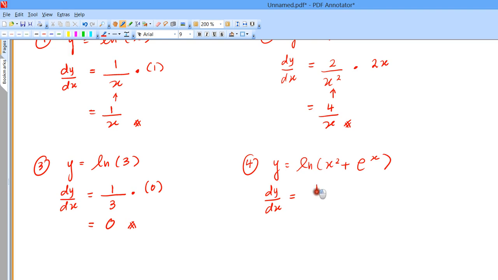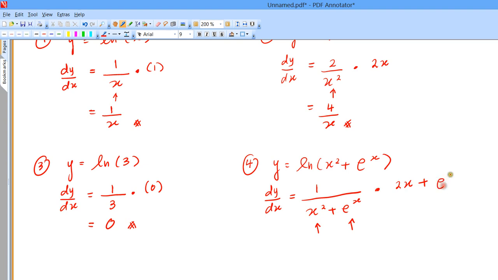So 1 over x square plus e power of x times, okay, differentiate function. You need to differentiate term by term. So differentiate x square equal to 2x plus, okay, next term we have exponential function. So to differentiate exponential function, first step you just need to copy all the term.